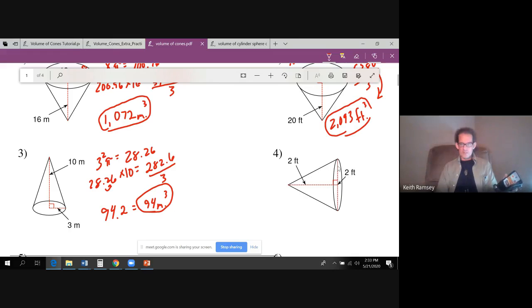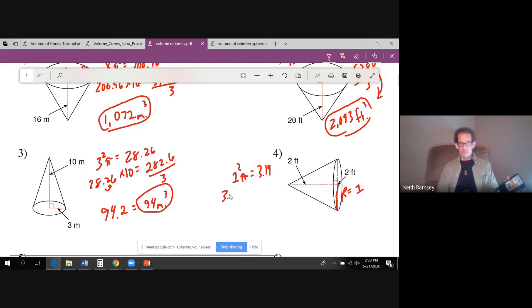Again, it looks like they're giving you the diameter. I see this line goes all the way across. We want just half of that. So I think half of 2 would give us a radius of 1. So your first step would be 1 squared. That just means 1 times 1 times pi, which is simply going to equal 3.14.